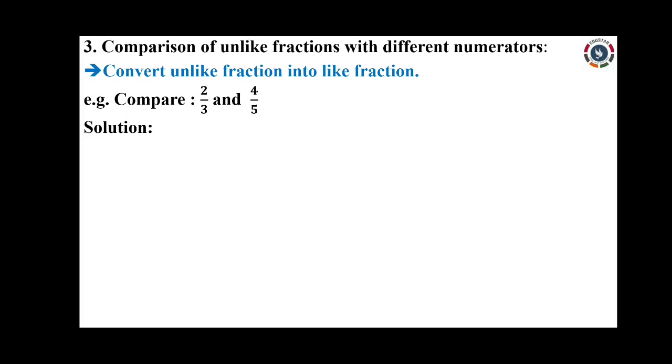From the common multiples, we have to find the LCM. That LCM will be the common denominator for these two fractions. To convert unlike fractions into like fractions, we have to find the LCM.